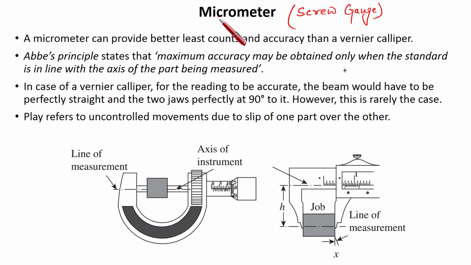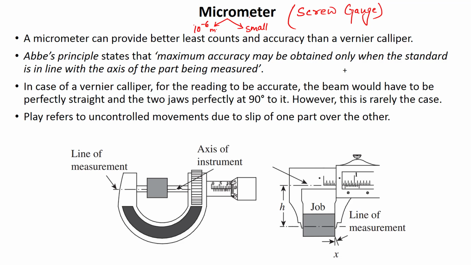The term micrometer itself has two meanings. Micrometer is also 10 to the power minus 6 meter. Millimeter, micrometer, and micro means small also. So a very small dimension can be measured with the help of a micrometer. So there are two meanings of this term.